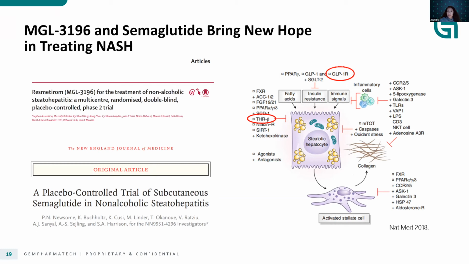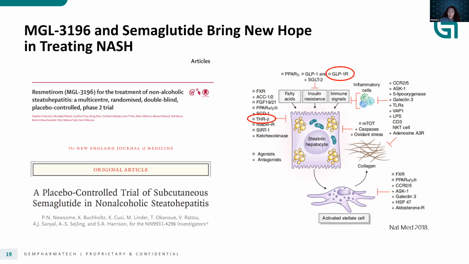One is the GLP-1 receptor pathway. The other one is the thyroid hormone receptor beta pathway. So they were meant to regulate the thyroid pathway as well as the insulin resistance pathway. However, with new clinical trials, they have been showing promising data in the treatment of NASH.